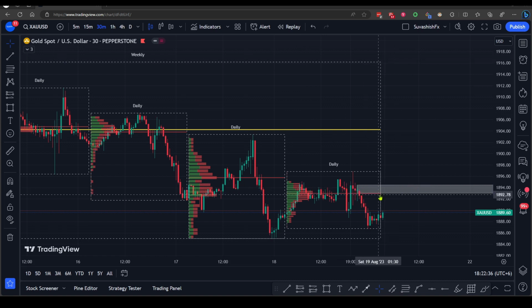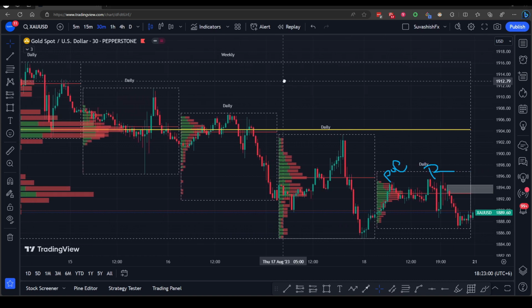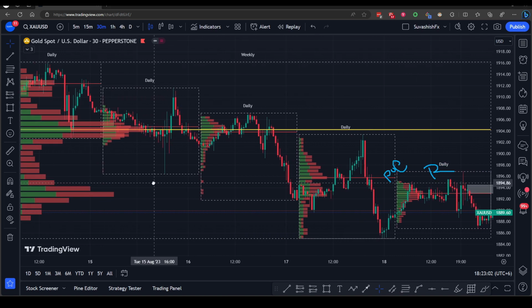So that's the previous day POC line, which is still unmitigated, that means never touched. So that's the first confirmation that the resistance is valid. And the second confirmation, we can go from that. Let me show you. If I go back, you can see that's the strong POC level.